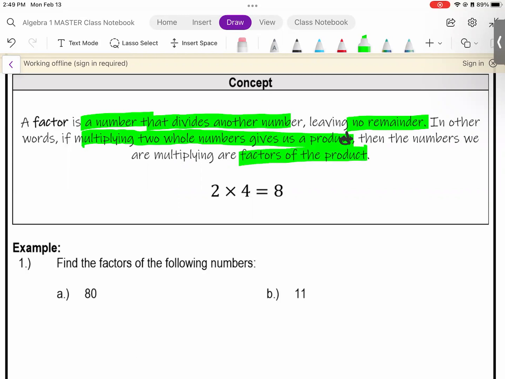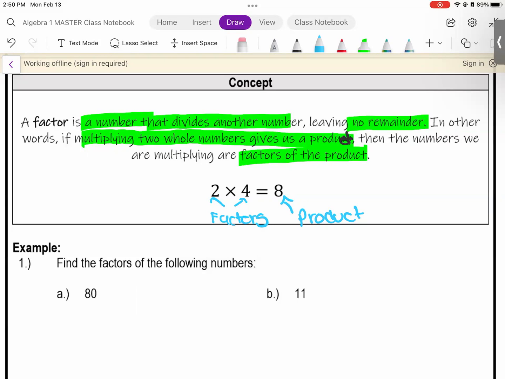All right, so for example, 8 is the product. 2 and 4 are the factors of 8, because those two numbers multiply together to give you 8.